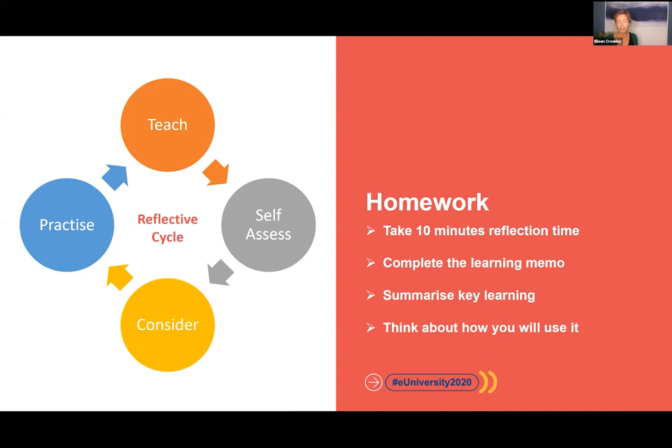Think about how you're going to use it in your local context. What way can you use it in your URBACT local group meetings, for example? And finally, make a plan about how you're going to use it and how you're going to put this learning into action. So hopefully there was a lot shared today, and I hope that you will find it useful and that you'll be able to take it home. So do take a few moments after this session to reflect on that.